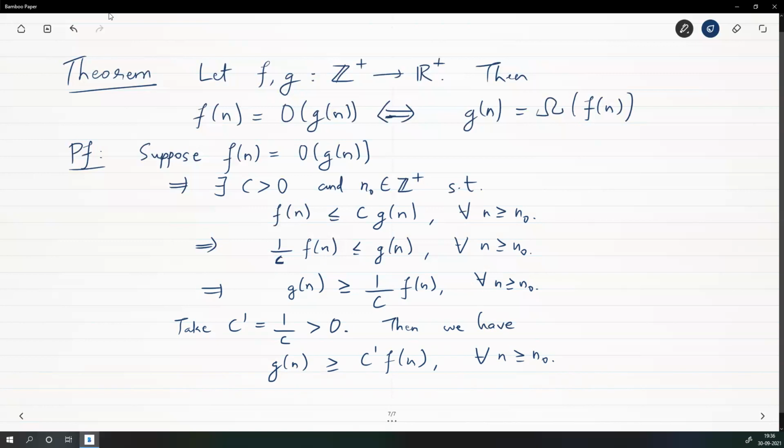And now by definition, this implies g of n is big omega f of n. Just check by definition. Okay, that is what this is. So if f of n is big O g of n, then g of n is big omega f of n.